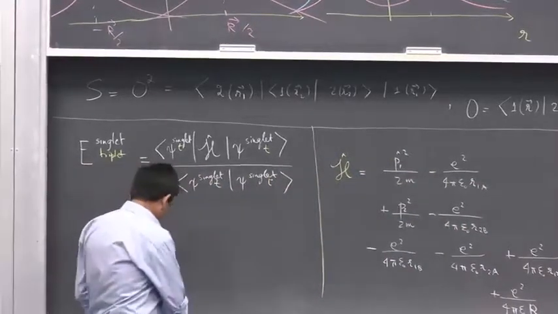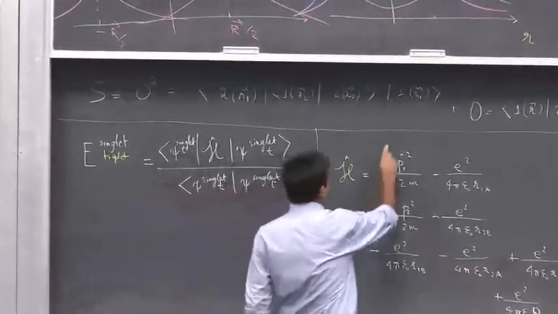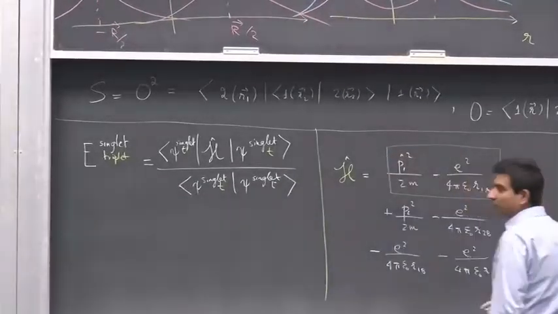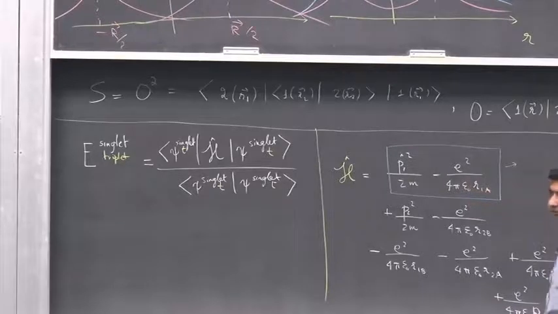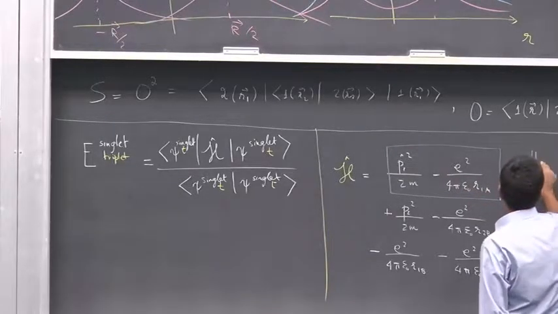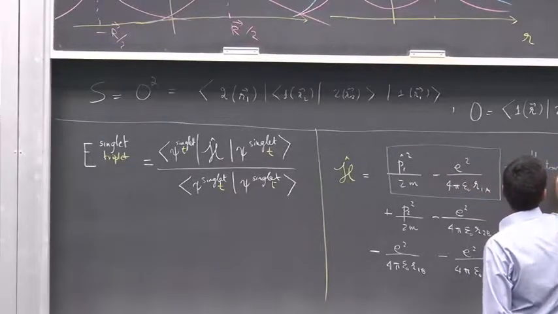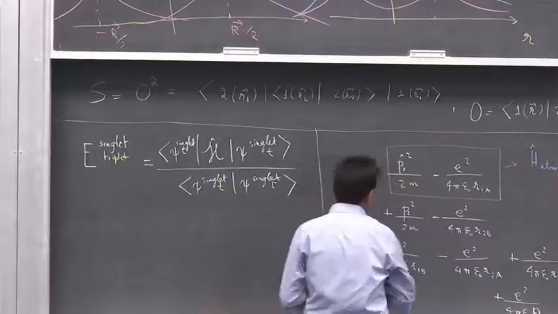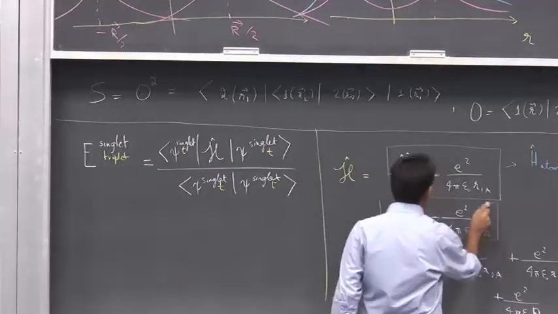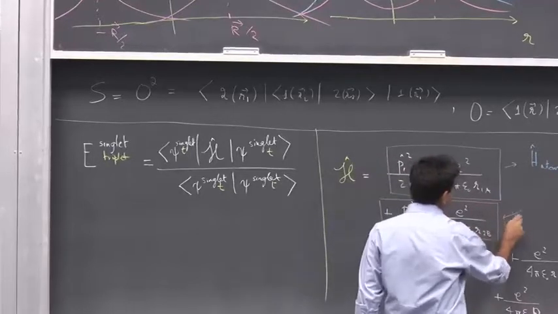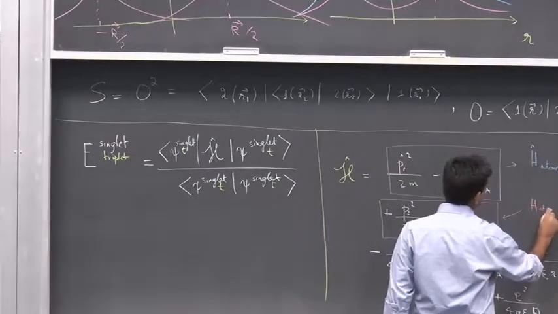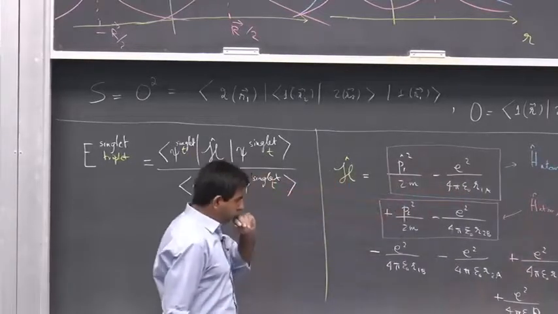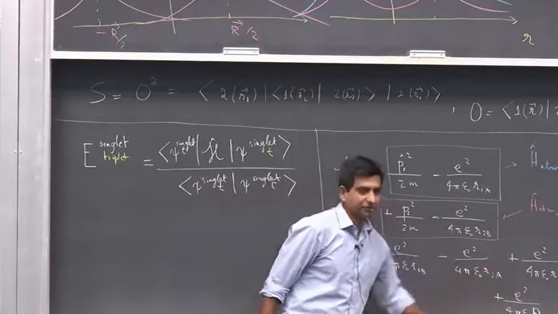Now if you notice, this term is a pure atomic Hamiltonian for 1 electron, H atom 1. This term over here is the pure atomic Hamiltonian for the second atom, nucleus plus electron, right? And all of these are correlation terms.